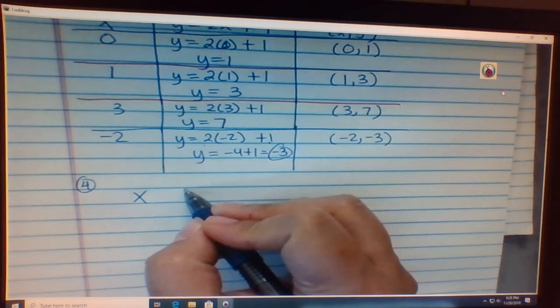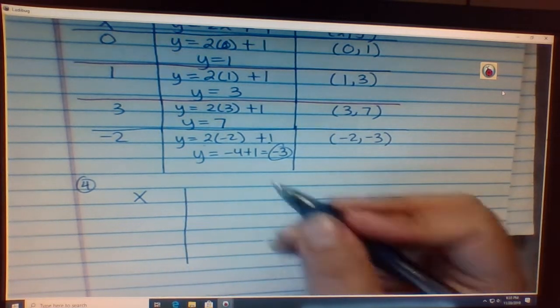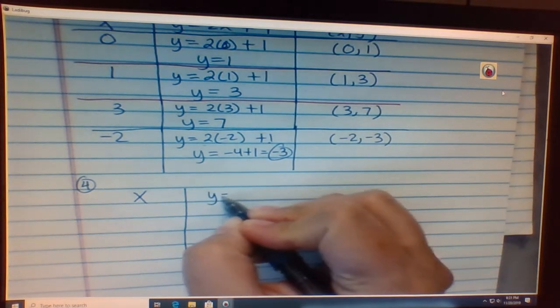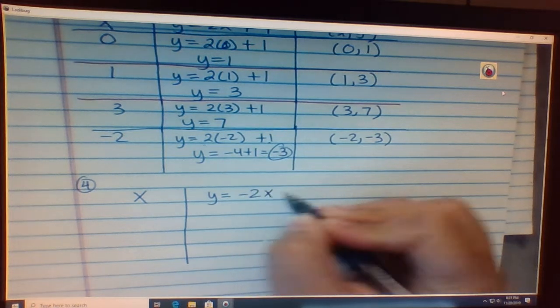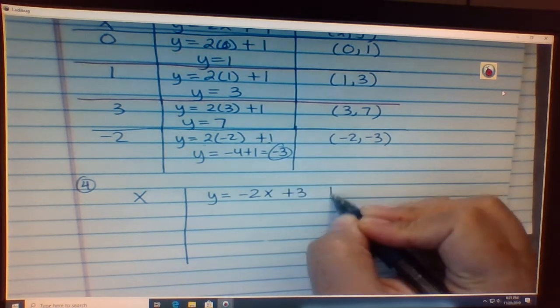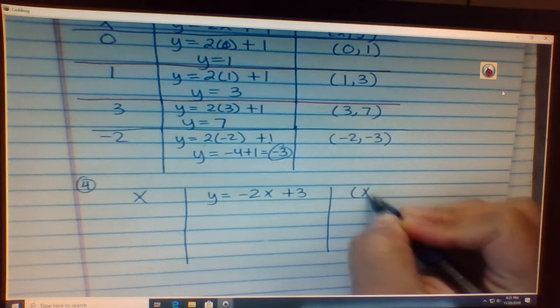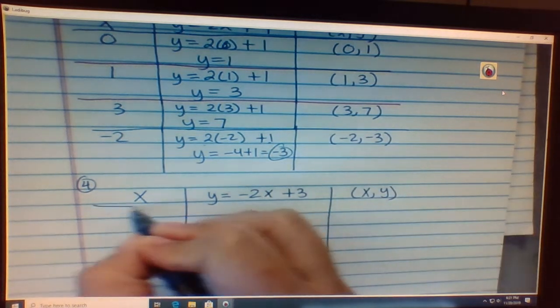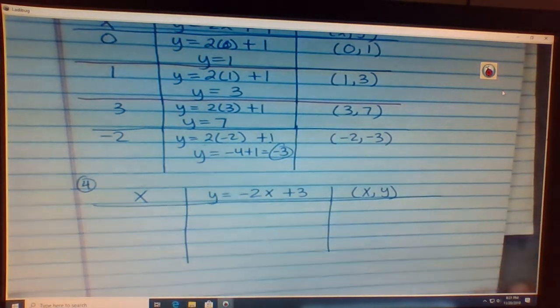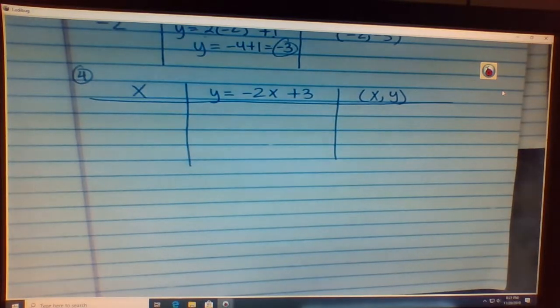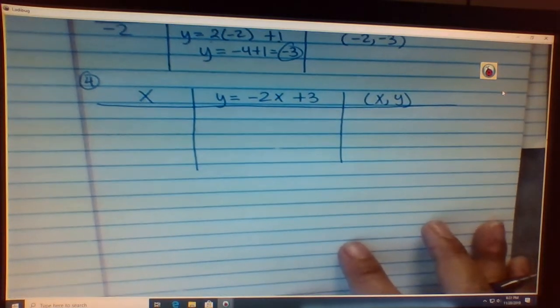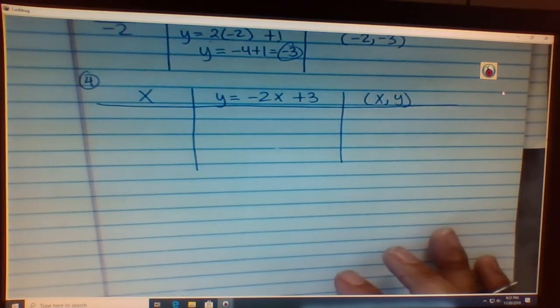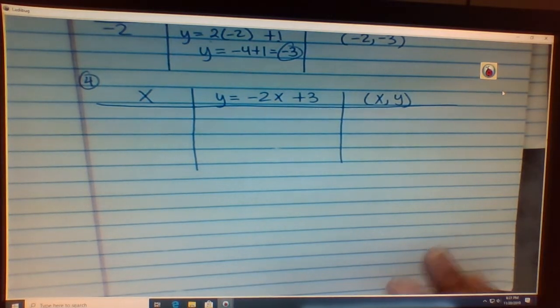Let me make the table for you already. It's x, y, with y equals negative 2x plus 3. And then give me your ordered pair. So always start off with a 0.